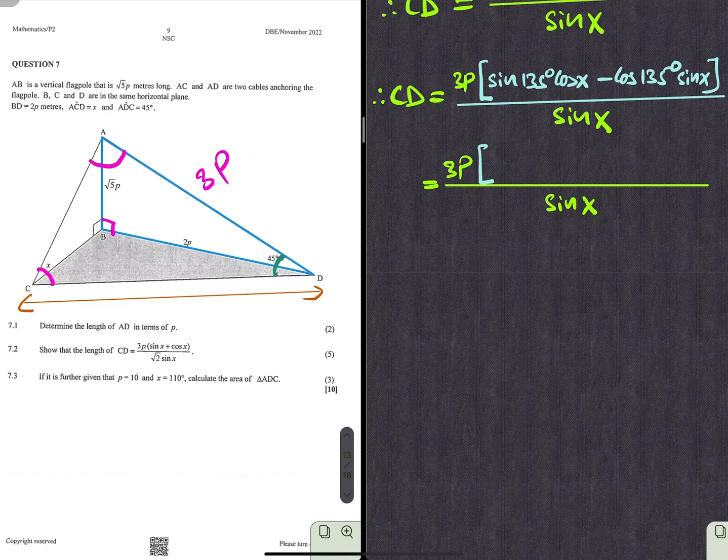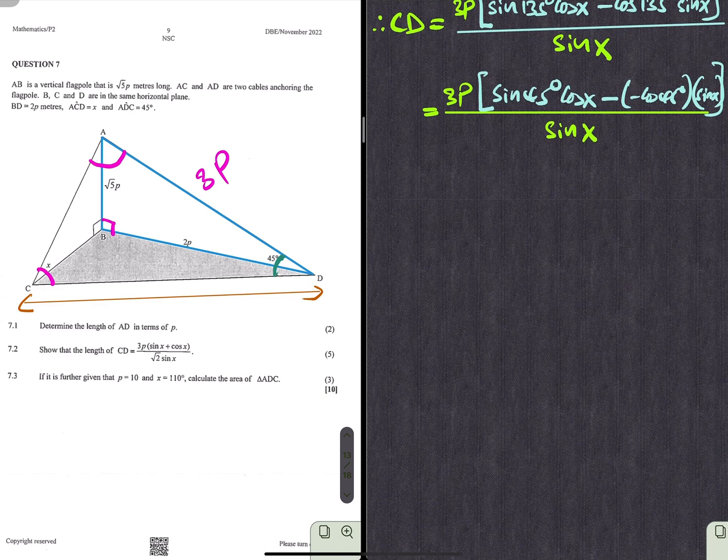So you're going to get a positive sine of 45 degrees and then a cos of x minus a cos of 135. In the obtuse space, cos is negative. So I'm going to get a negative cos of 45 degrees in there multiplied by a sine of x. And I close that stuff.